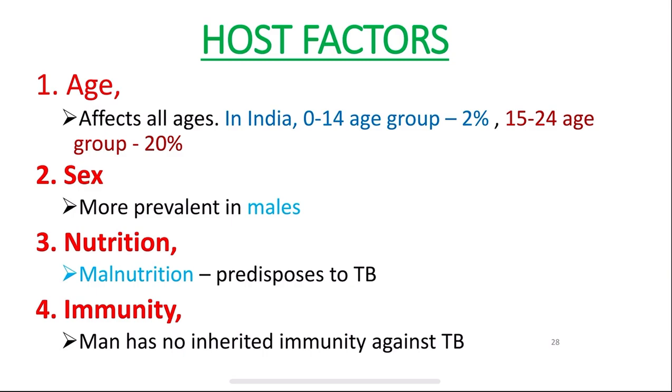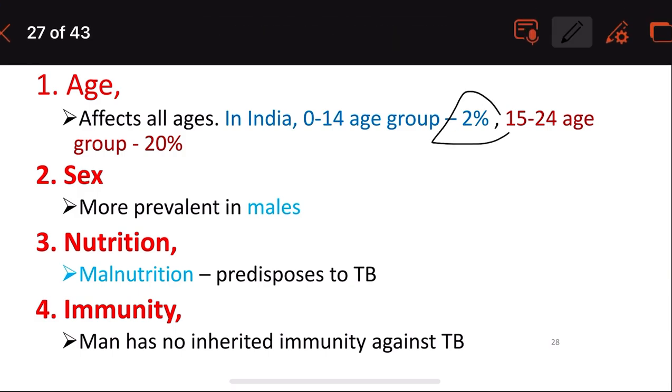You can see how the rate has climbed up, 2% to 20%. In the primary age group, that is 0 to 14, it is 2%, whereas in the age group of 15 to 24, it is 20%.